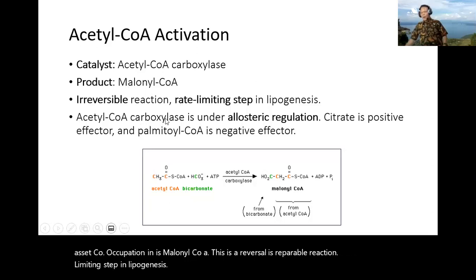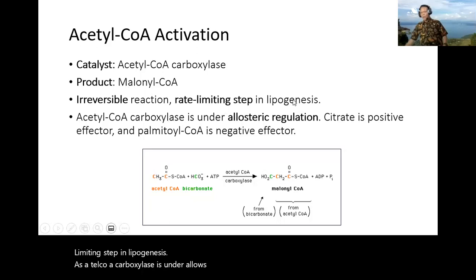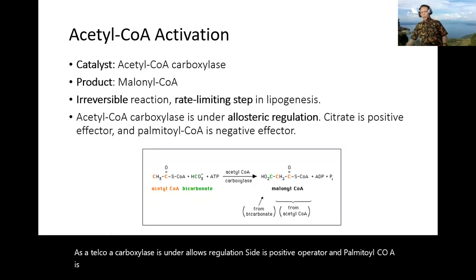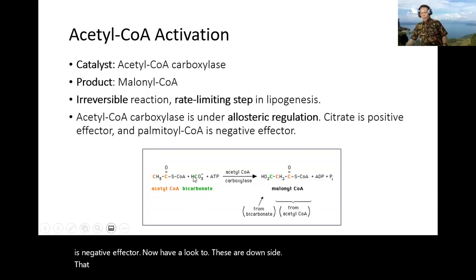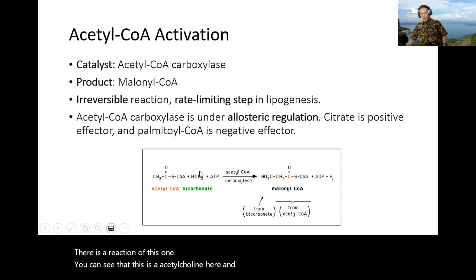Acetyl-CoA carboxylase is under allosteric regulation. Citrate is a positive effector and palmitoyl-CoA is a negative effector. Now have a look at this down side. There is a reaction here. You can see that this is acetyl-CoA and this comes from bicarbonate.